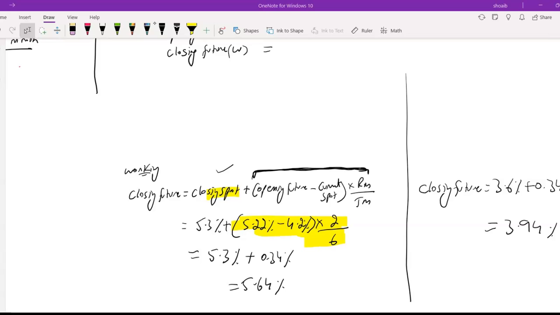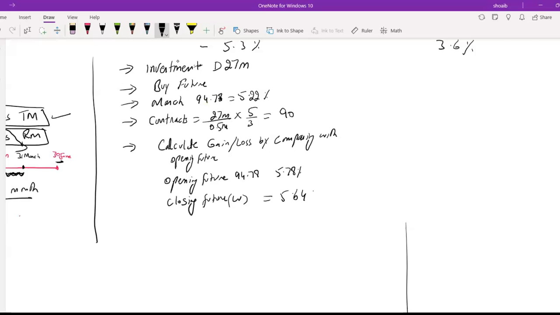Okay, perfect. 5.64. Okay, here all the steps are same. 3.94.